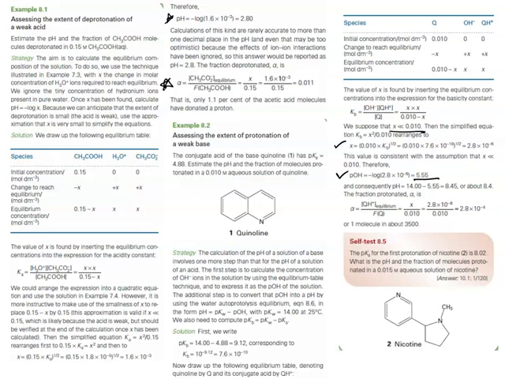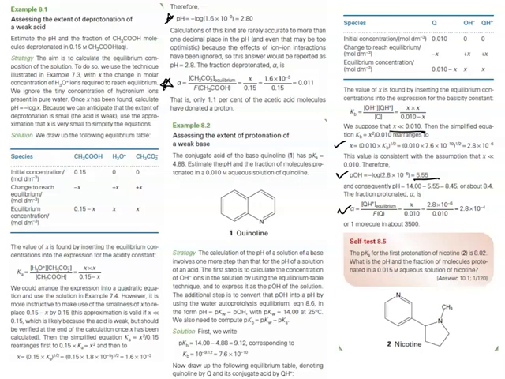Consequently, pH equals 14 minus 5.55 equals 8.45, or about 8.4. So the fraction protonated could be described as this, or about 1 molecule for every 3,500 molecules.